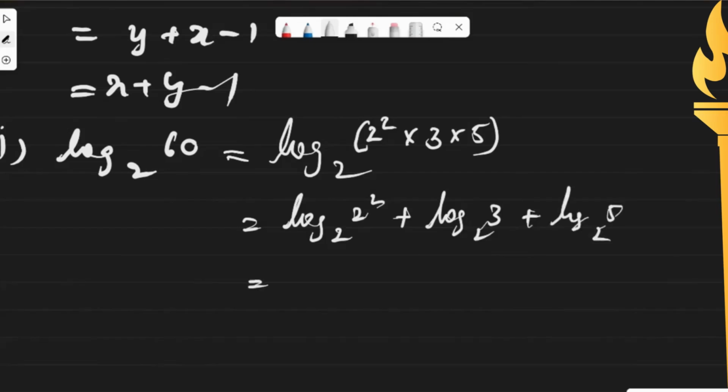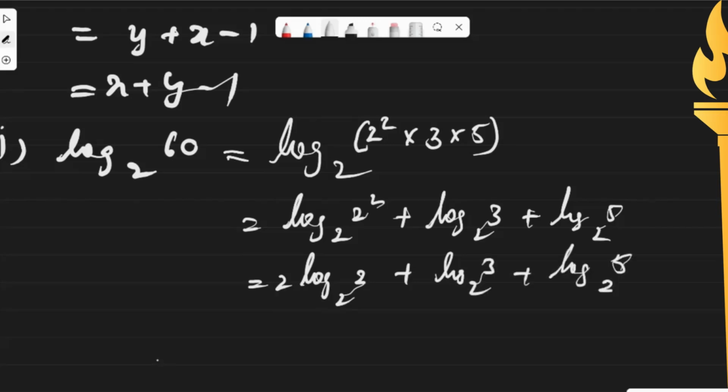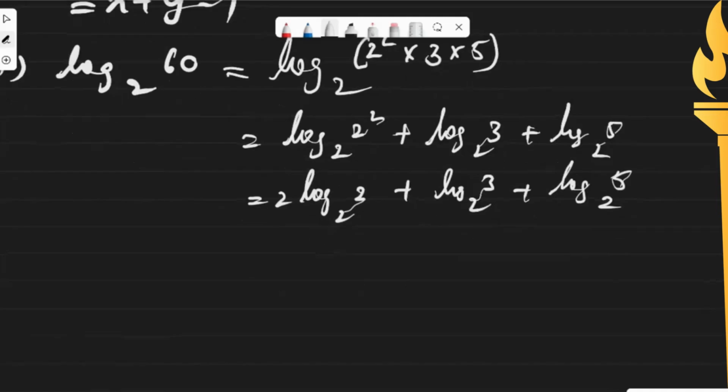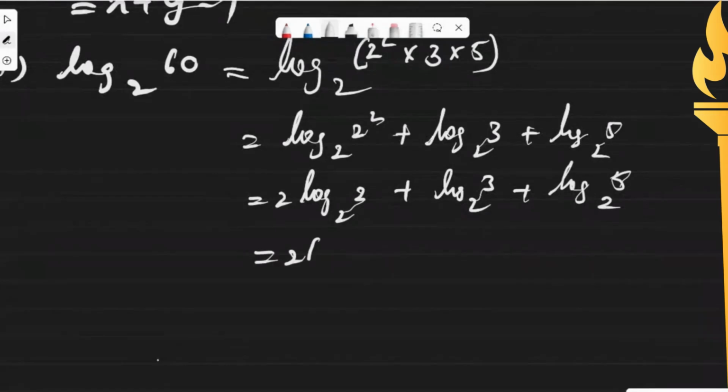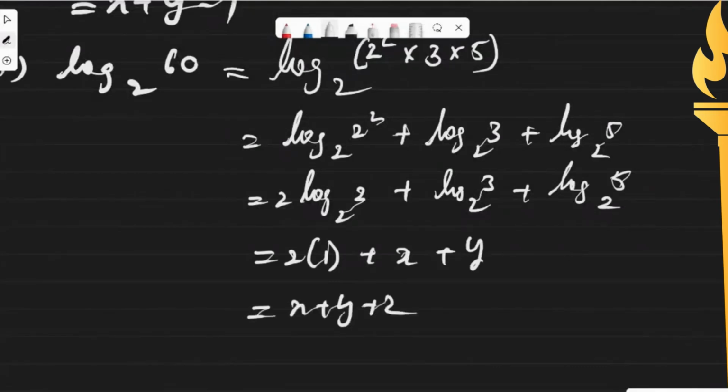So log a power n is equal to n log a. So log 2 power 2 is 2 log 2 base 2 plus log 3 base 2 plus log 5 base 2. And log a base a equal to 1. So this will be equal to 2 into 1 plus log 3 base 2 is x plus y. So x plus y plus 2.